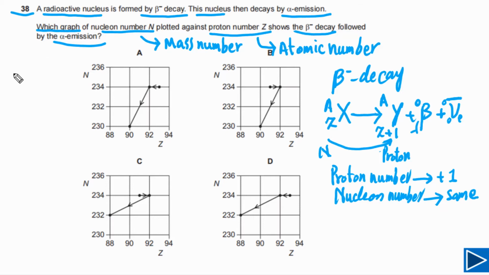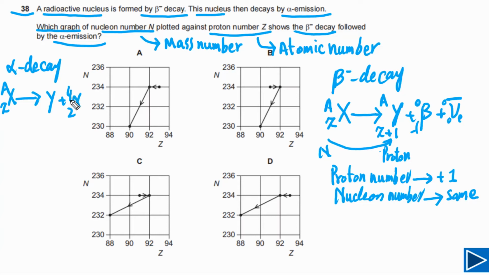Now let's try to understand what alpha decay is. For alpha decay, we will also imagine one nucleus, nucleus X, where the atomic number is Z and the mass number is A. It decays to another nucleus, Y, by emitting an alpha particle.